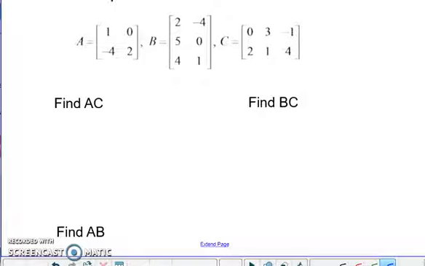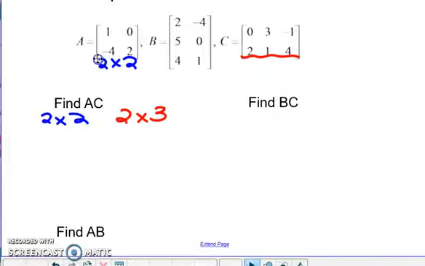But first of all, I need to see if I can do it. A is a 2 by 2, and C is a 2 by 3. I can multiply these because these are the same. So that makes it okay.